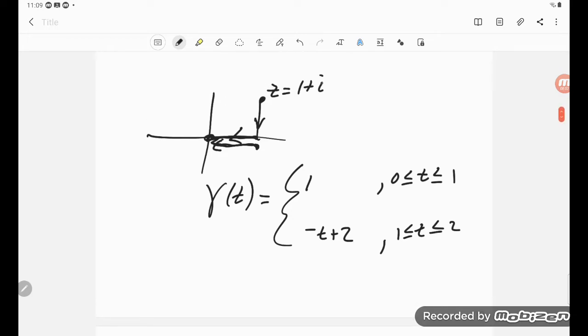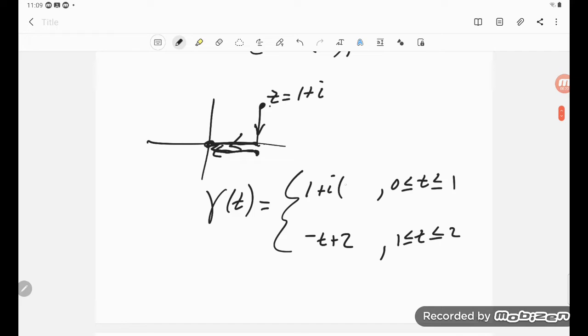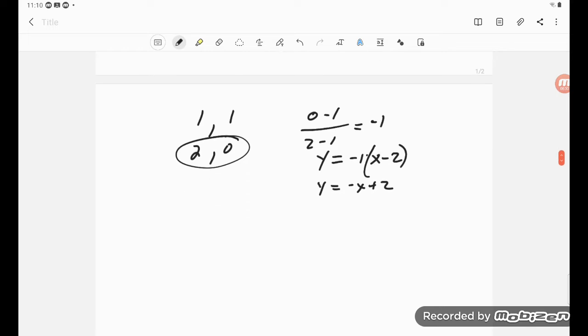And what do I have to do for that? Well, for the imaginary part, plus i times, well, i times what? Well, when I'm at 0, I want to get 1. And when I'm at 1, I want to get 0. Oh, so that would just be 1 minus t. Again, I could calculate that 1 minus t the same way: for t equals 0, I want to get 1, and for t equal 1, I want to get 0.